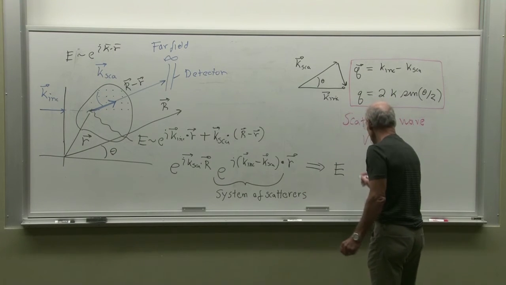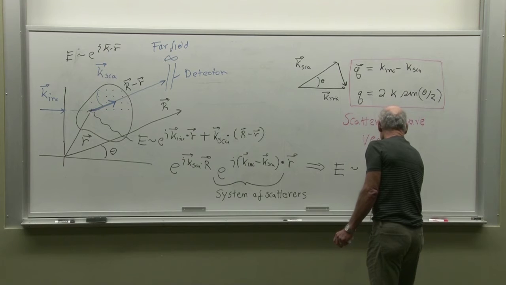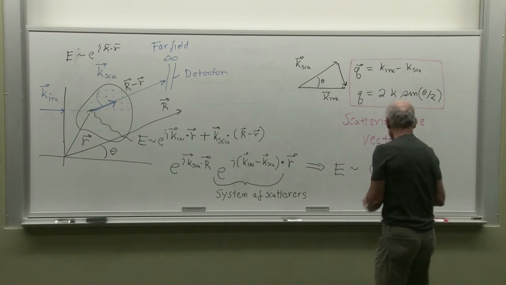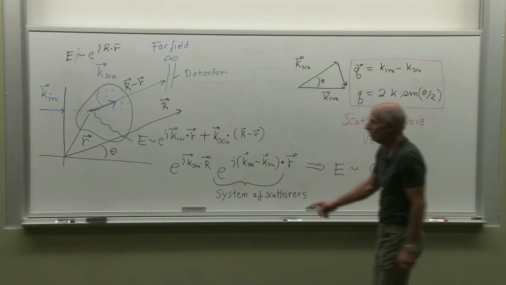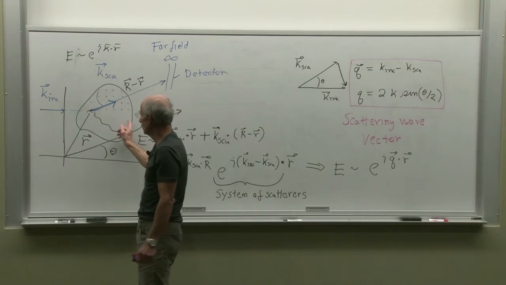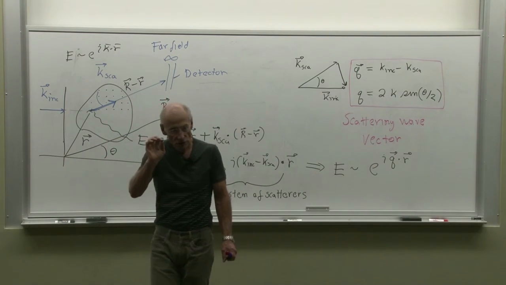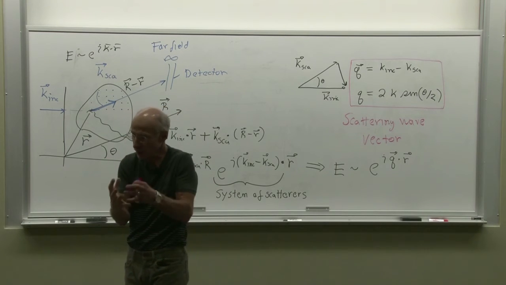We now have phasors that look like this, and r represents the position of all the little dVs that make up the particle. It could be my hand.